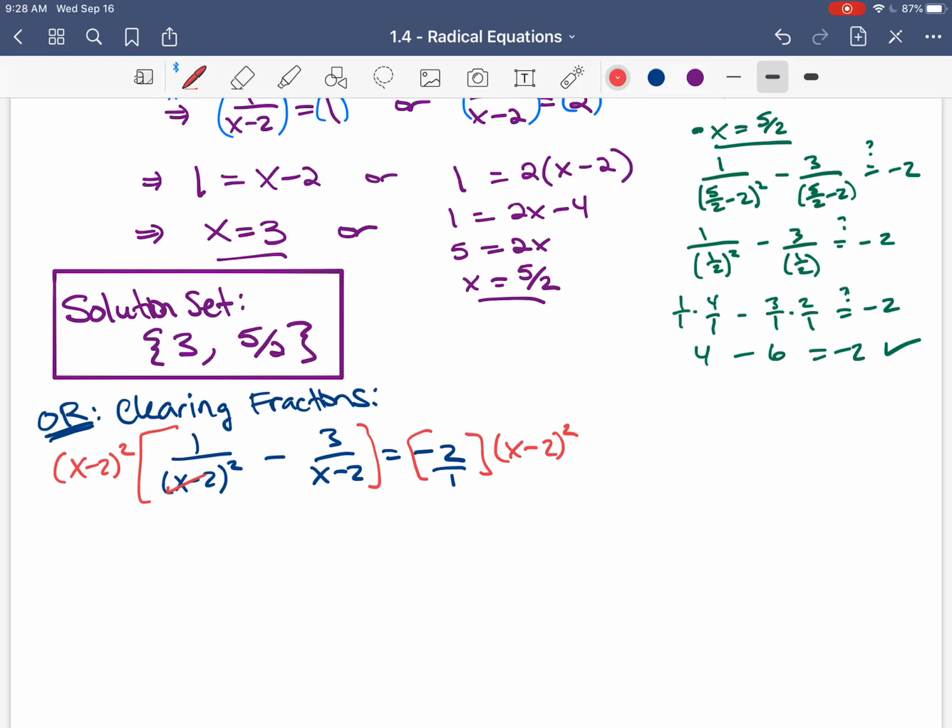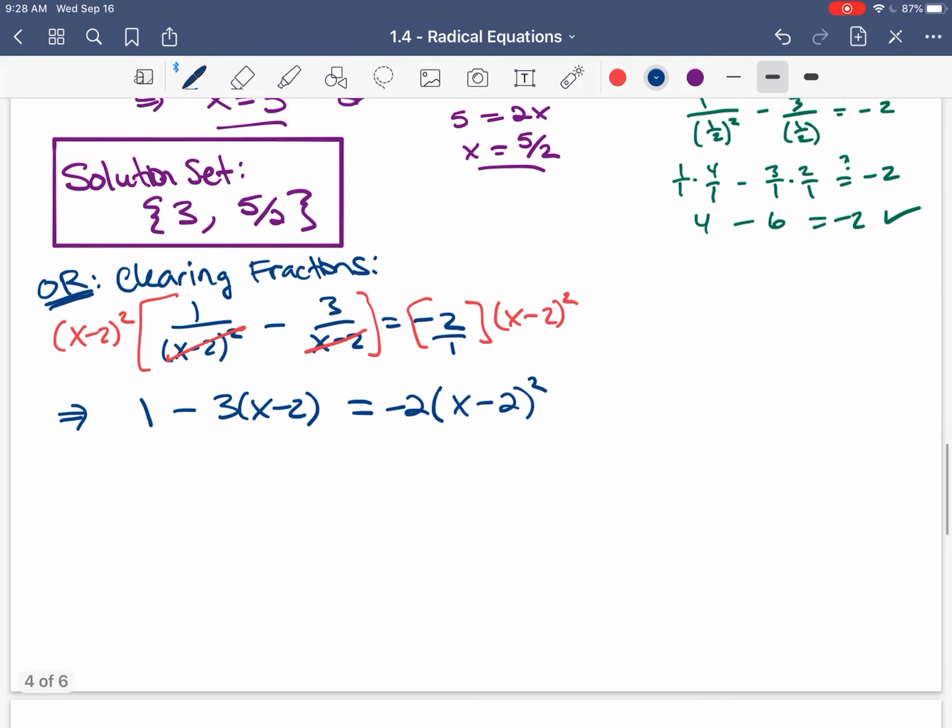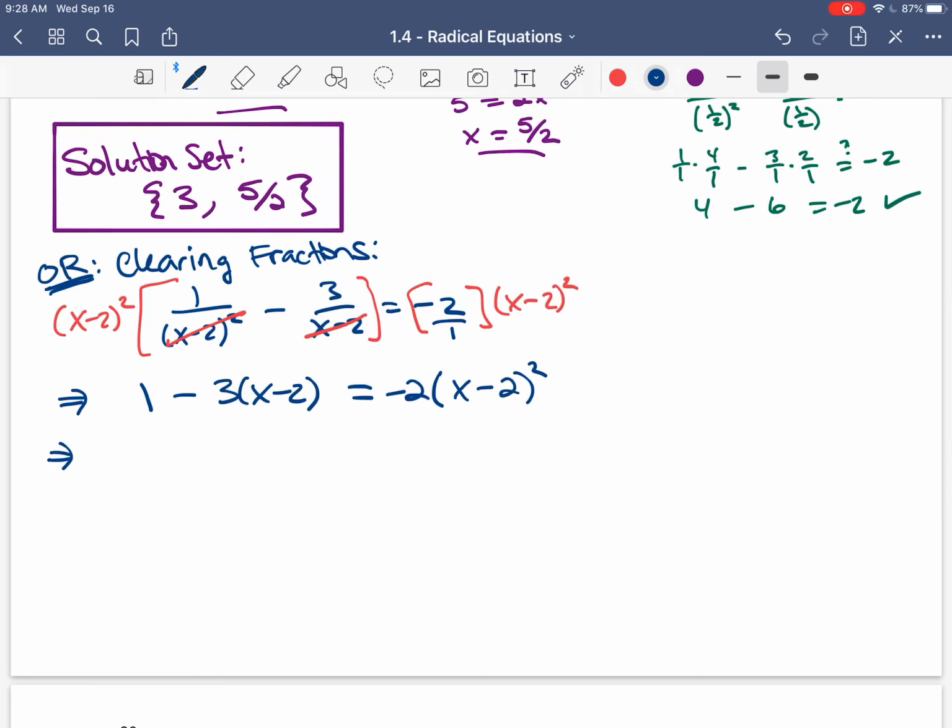then this one's going to cancel, and this one's going to cancel with one of them. So I'm going to end up with 1 minus 3 times x minus 2 on this side. And here I'm going to have the whole thing because there was no denominator there. So now I have no more fractions, so I just want to expand everything out. So it's 1 minus 3x plus 6 is equal to negative 2 times x squared minus 4x plus 4.